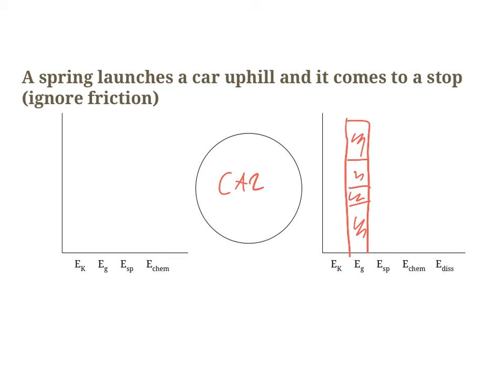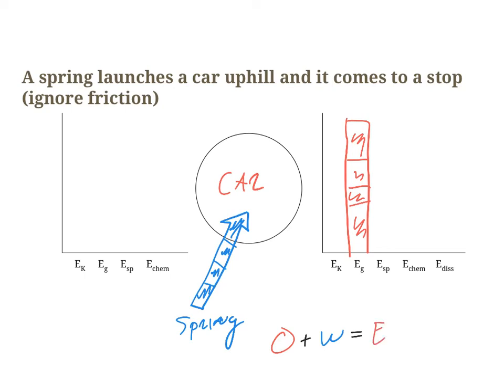Well, we're telling you that the spring launches the car, so the spring transferred some energy to the car to get it to its position on the hill. So in this case, my energy equation is zero initial energy plus the work of the spring equals all of the gravitational energy.